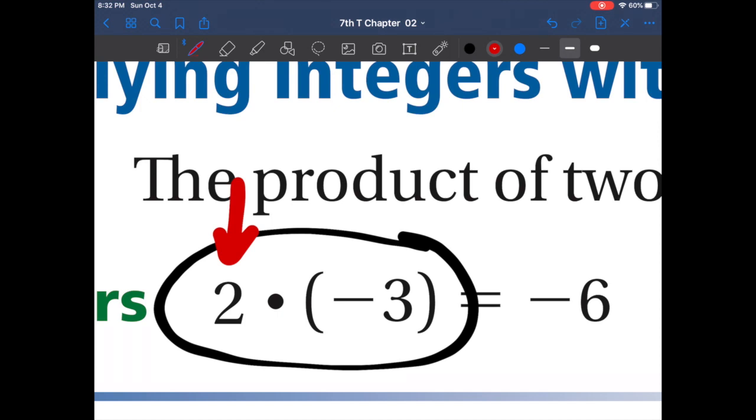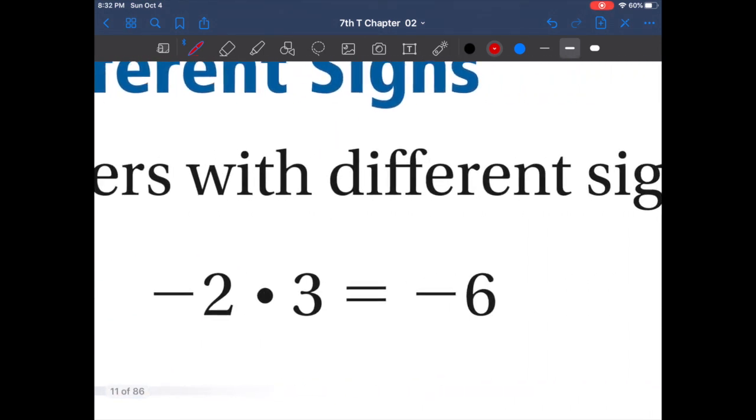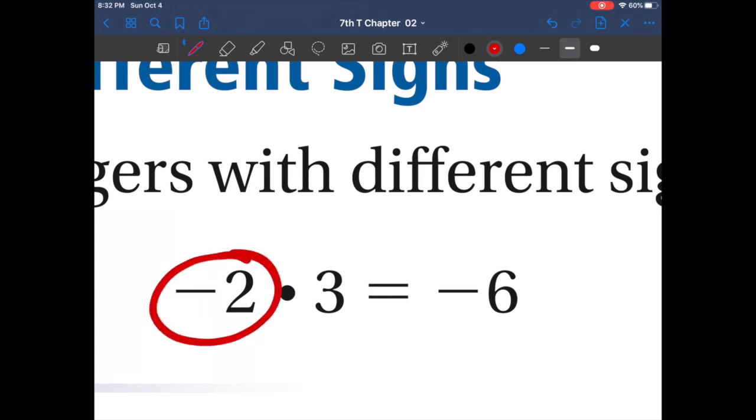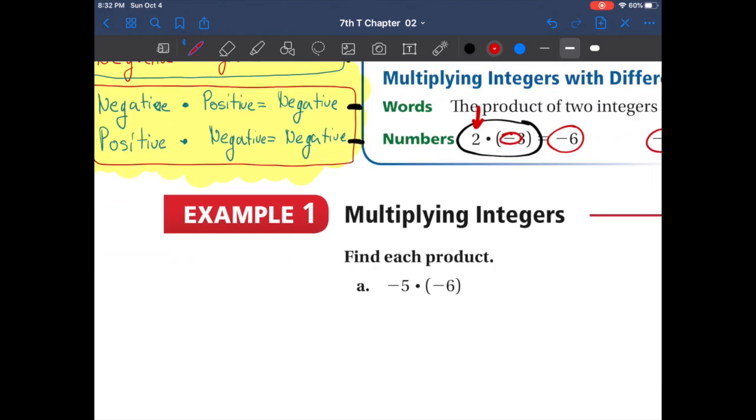So are they different signs? Yes. So 2 times 3 is 6, but because there's only one sign that's different, we know it's going to be a negative. Same thing over here. So we have a negative 2 times a 3. Different signs. We know it's going to be negative. So it's negative 6. All right, let's do some practice problems together.